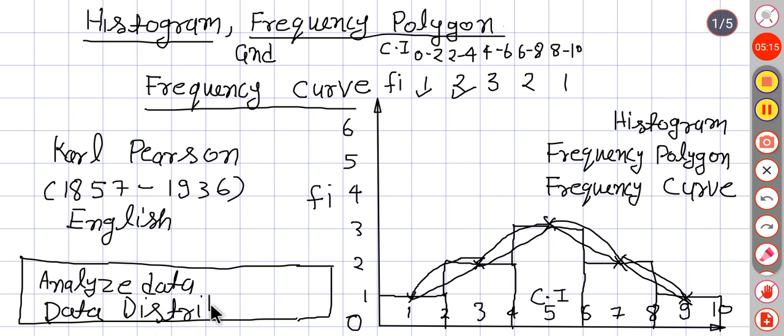Understanding data distributions is a key concept in machine learning, data science, and statistics. So this is a very important concept in statistics. You can say that it is a plot or visualization.